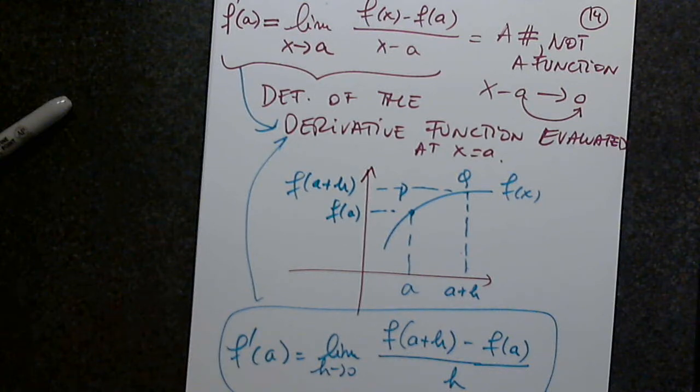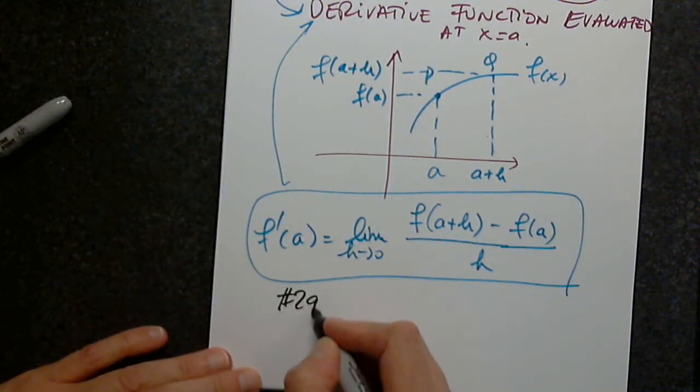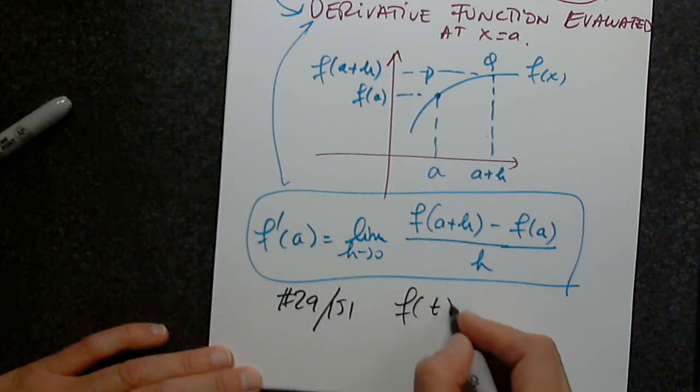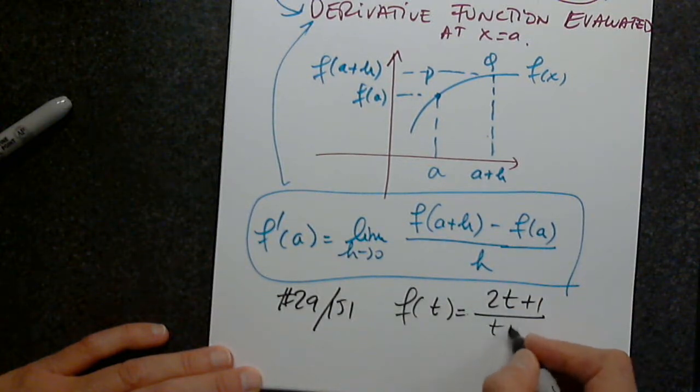Want to look at 20? It's 27 to 32. I said 20. I'm sorry? 29. 29. Okay, very good. Okay, so for 29, on page 151, we have f of t equals 2t plus 1 over t plus 3.